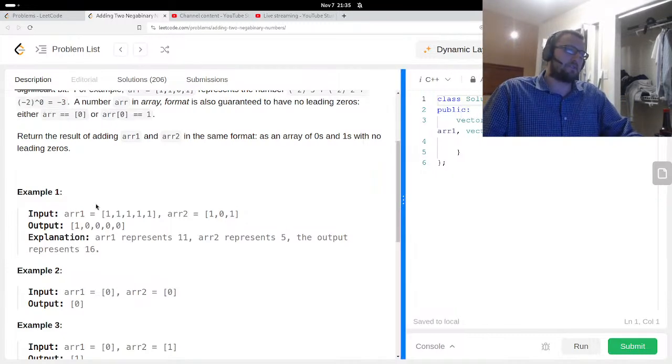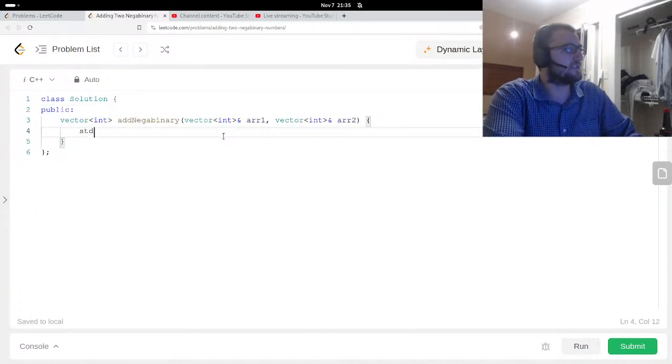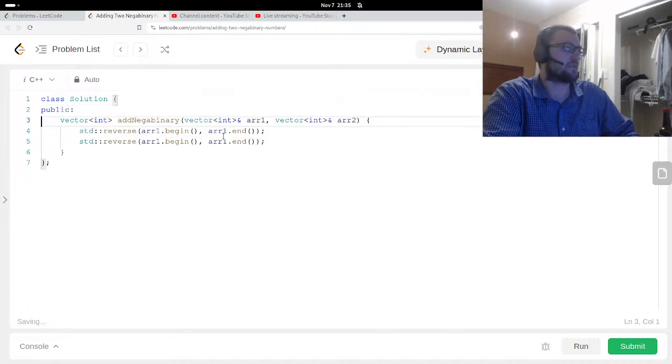Let's reverse the 2 and go from there. I think that works. I mean, I could go from the back to front too, but I think it's confusing if I do it that way.